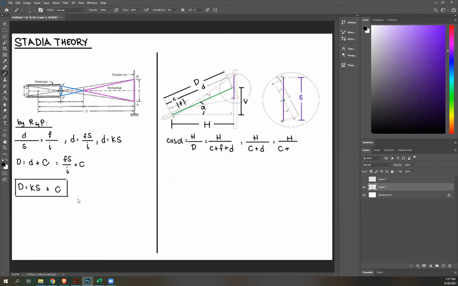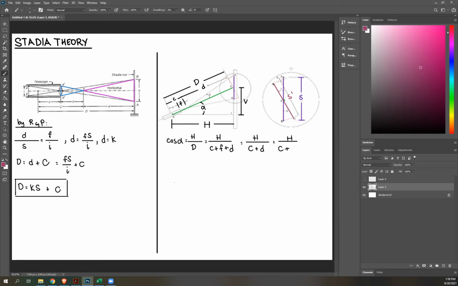Now the problem here is our telescope is inclined. So this is the S that B is pertaining to. So let's call that now S prime. This length is S prime.